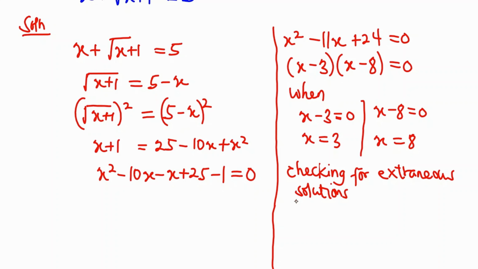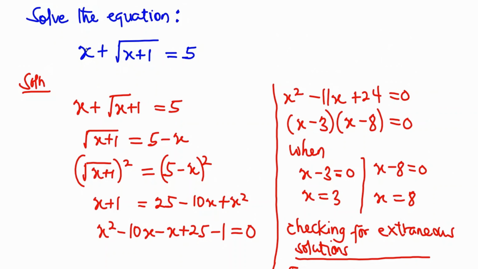So checking for extraneous solutions, we have this. Now remember, for extraneous solutions, we substitute the value of x into the equation itself and see if they really satisfy the equation. So we have, for x is equal to 3, we substitute into the equation, so wherever we see x, we substitute 3 there.